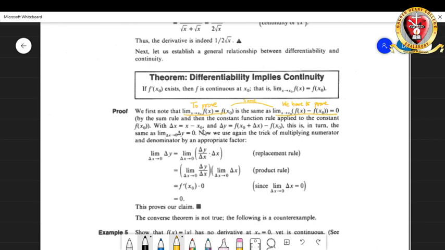The statements are the same. Okay, so you know that delta x is equal to x minus x naught, assuming delta y is equal to f of x naught plus delta x minus f of x naught.